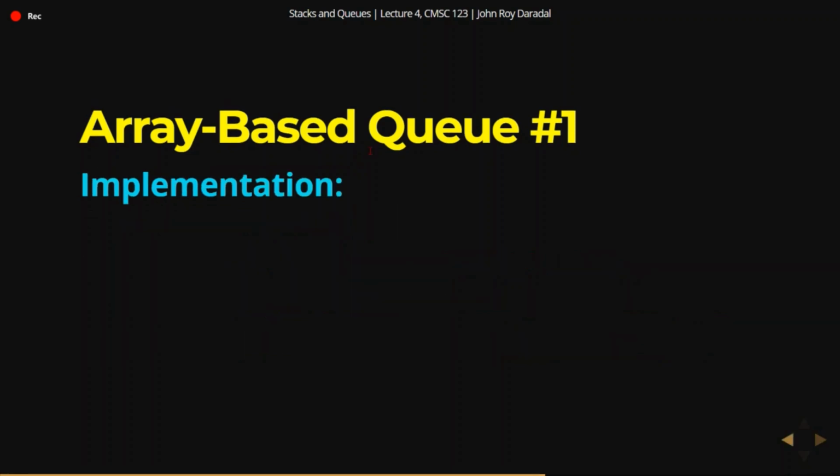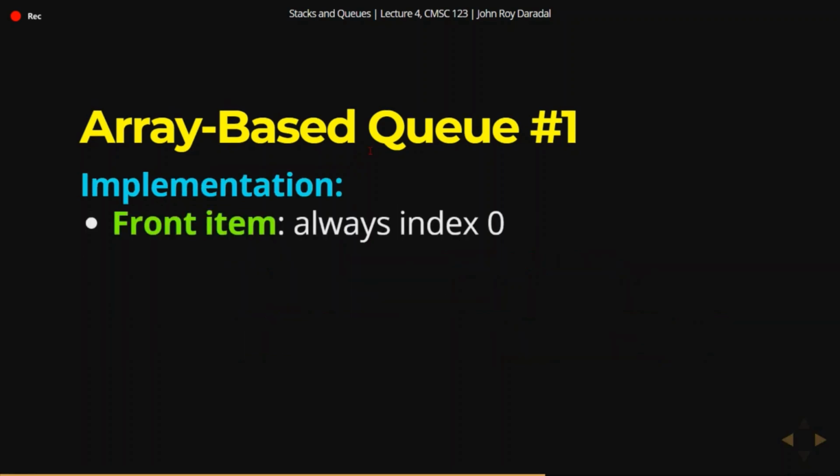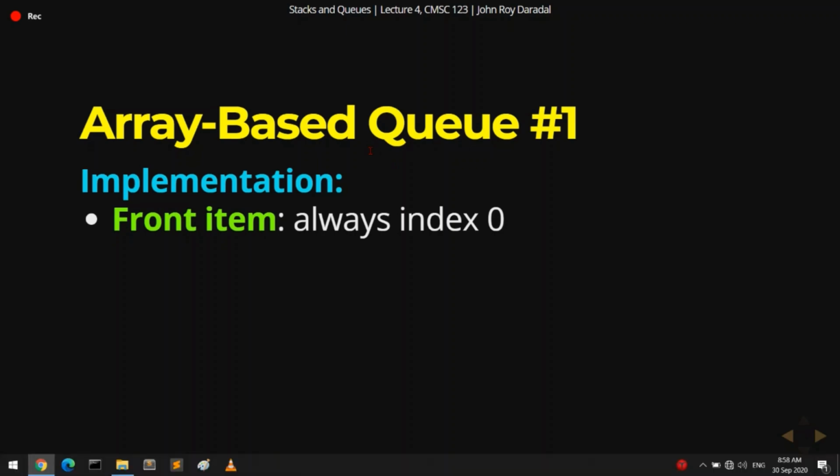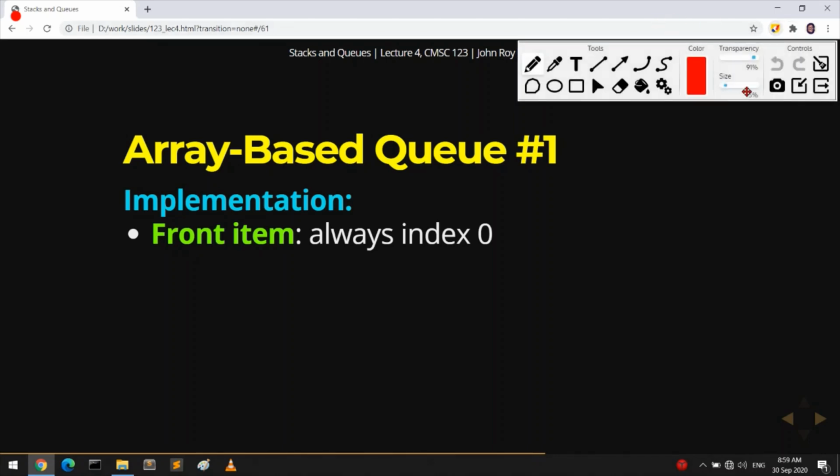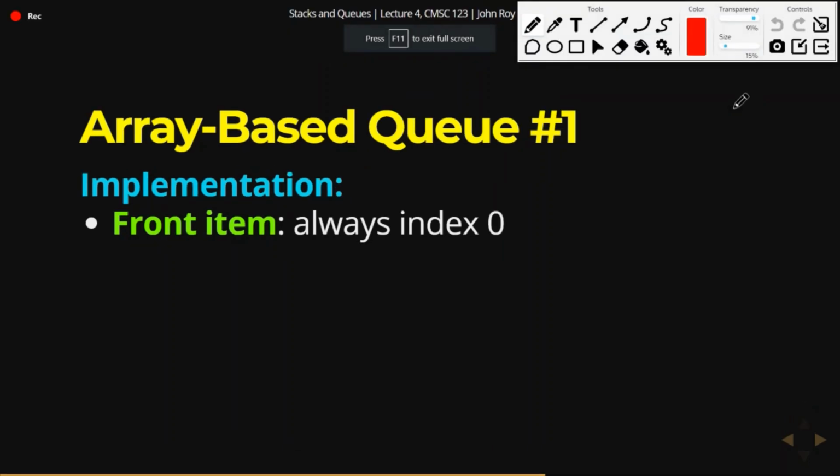So for our simple implementation, we could have our front item to always use index 0. So for example, if we have our array-based queue like this, so you have capacity 5.